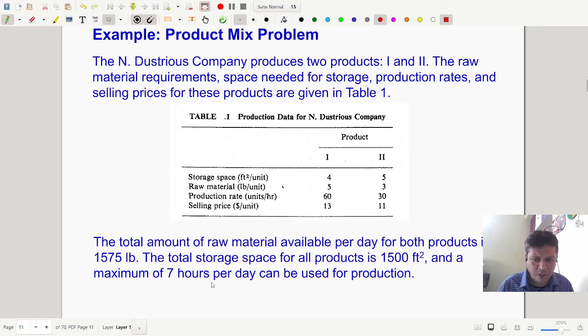And a maximum of 7 hours per day can be used for production. So this is the information given. Now let us formulate the LPP. That is the most important part of linear programming model. If you can't formulate the problem, you can't solve the problem. So first step is to formulate. That means you have to write the objective function and the constraints.